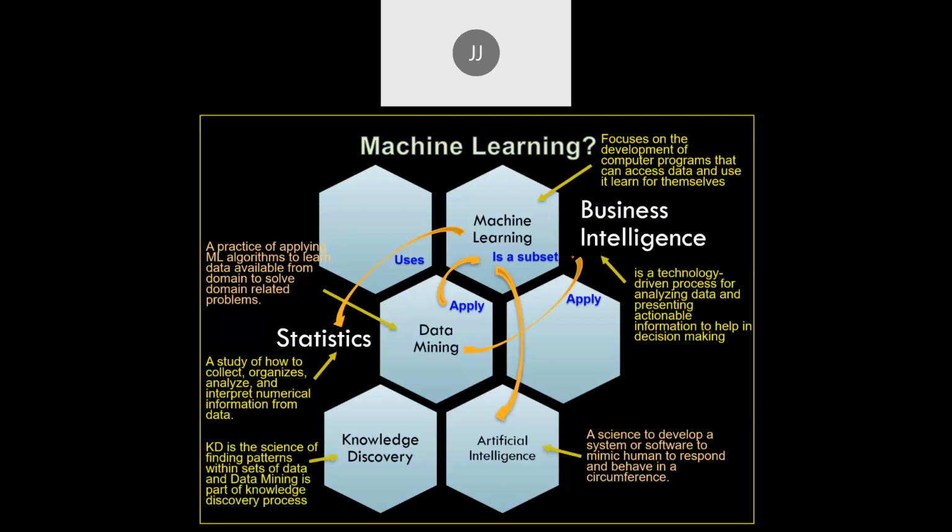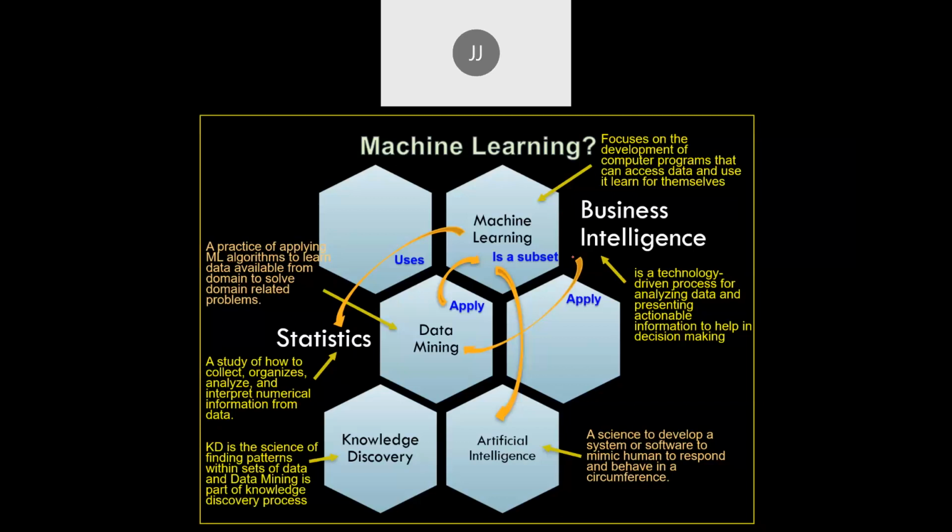Okay, and we also have knowledge discovery. When we look at the whole process of data mining, basically data mining is one part of the process that we have in knowledge discovery, because knowledge discovery refers to the science of finding pattern within a set of data, and data mining is part of the knowledge discovery process.